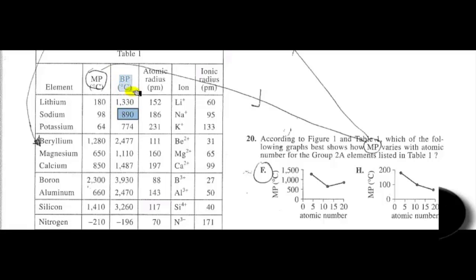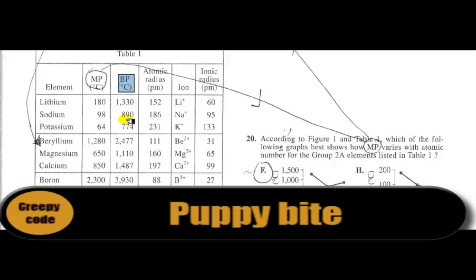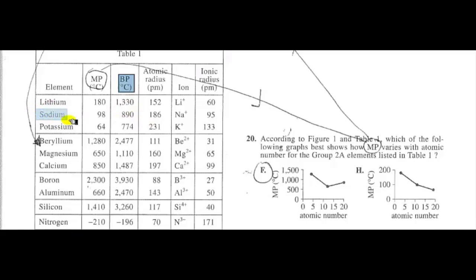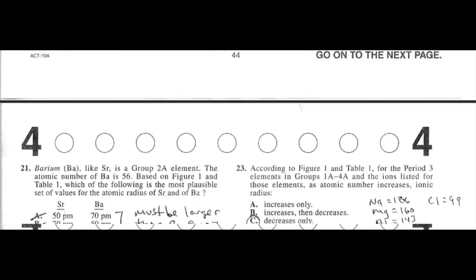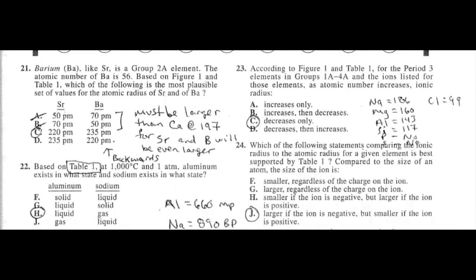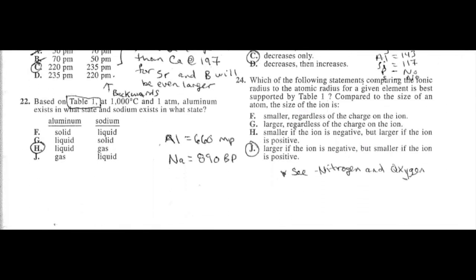So since the boiling point here is less than 1,000 degrees, sodium would be steam or a gas, and aluminum would be a liquid. Let's go down, take a look at answer choices that say the same thing. When you come over here in 22, you will see that aluminum will be a liquid and sodium will be a gas. That will lead you to the correct answer choice of H for practice problem number 22.